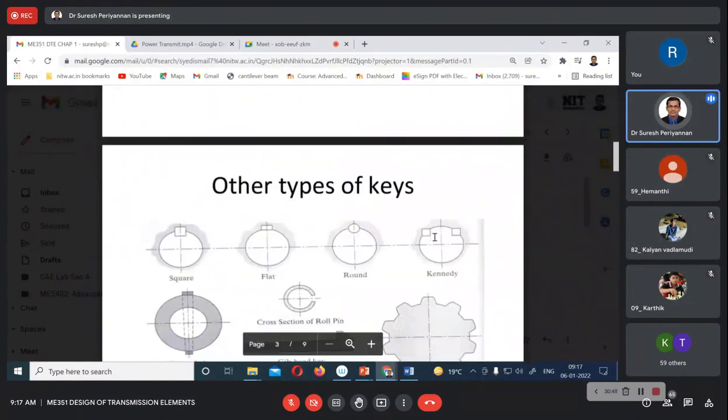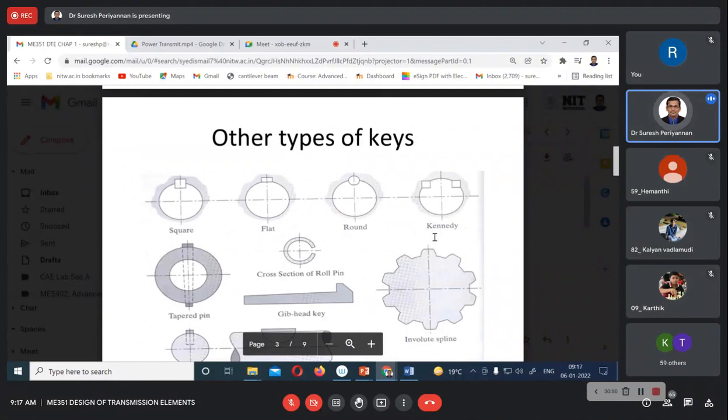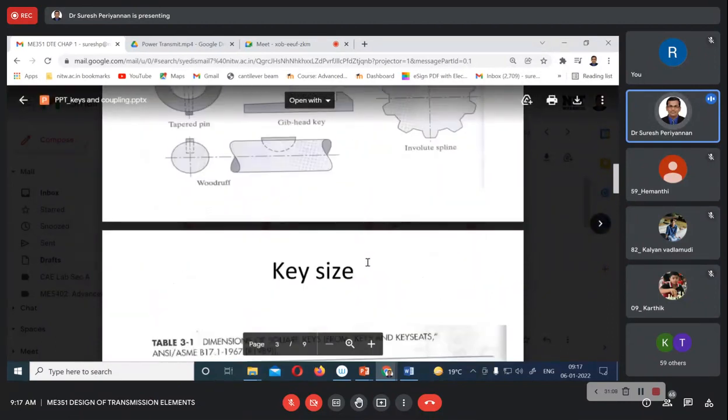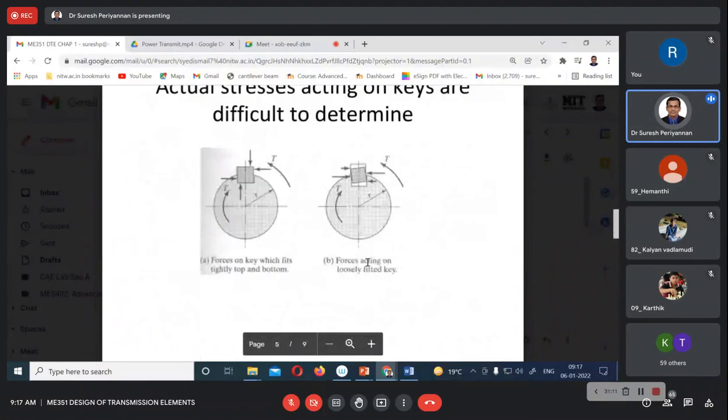Anyway, we are going to have separate content on the different types of keys, how the load is acting, and key design. We will discuss square key, flat key, round key, Kennedy key, tapered pin, and Woodruff key. These are the things we are going to discuss. Just keep it in mind for now.